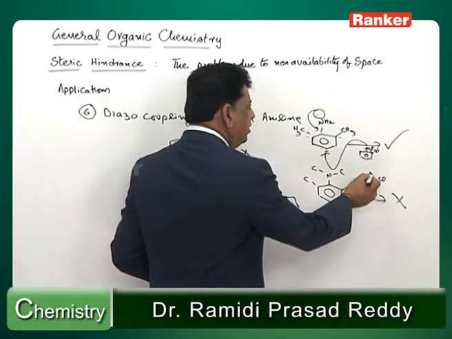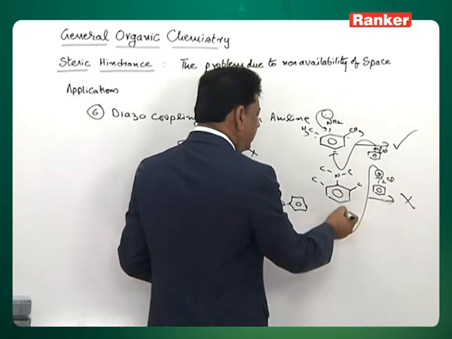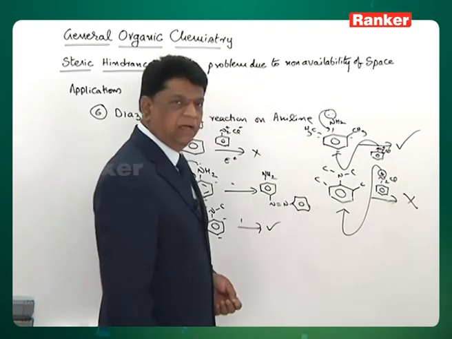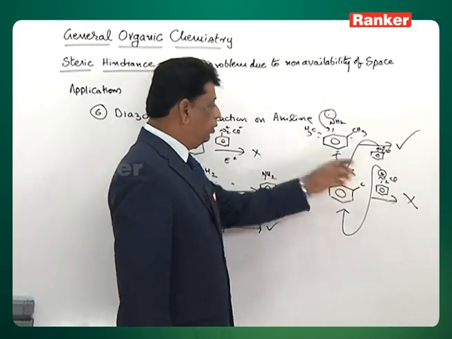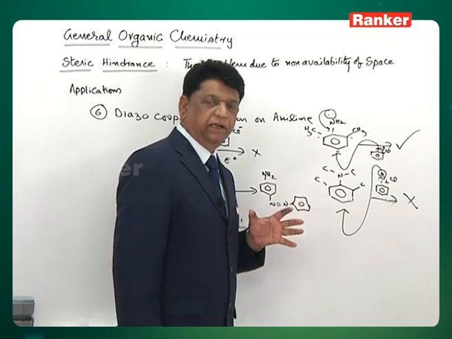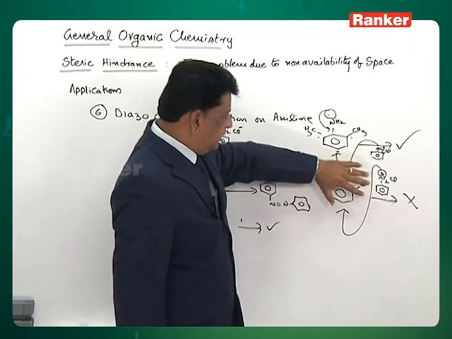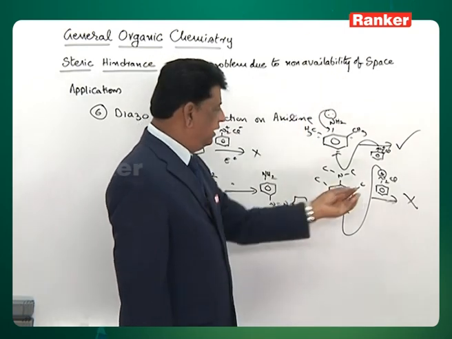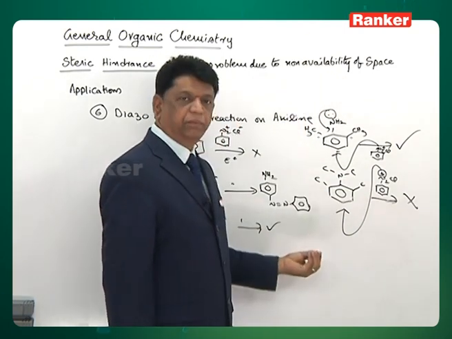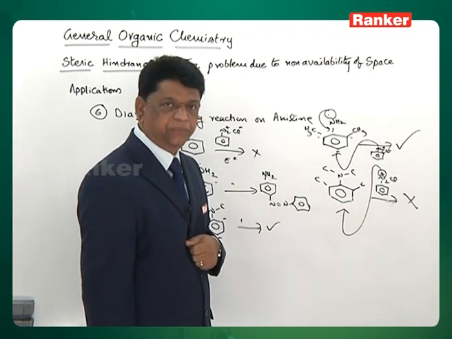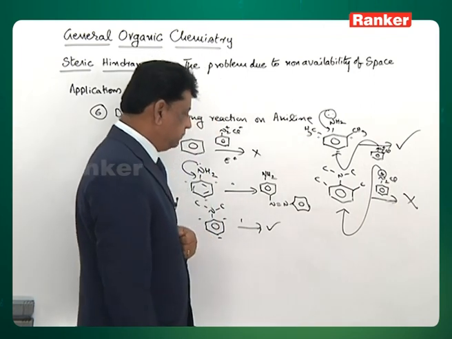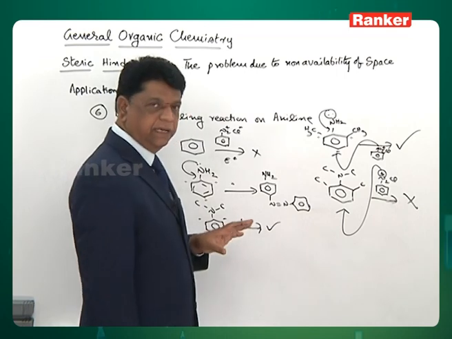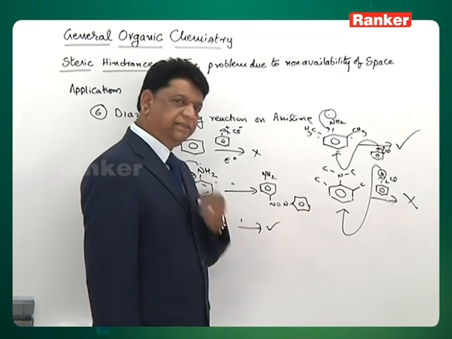If somebody says the para attack is having a steric hindrance of these four groups, it is not actually correct, because the four groups creating steric hindrance are on the top side, and the attacking group is at the para position. Where is the steric hindrance? That is not the correct explanation, but as a one word answer, it is due to the steric hindrance is the right answer.